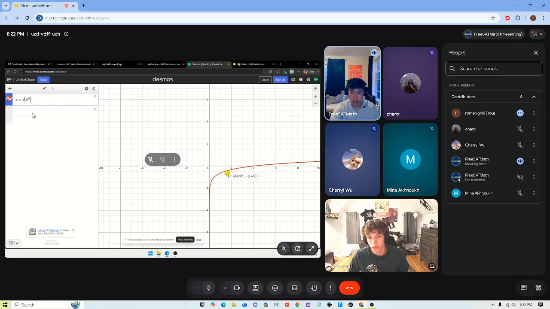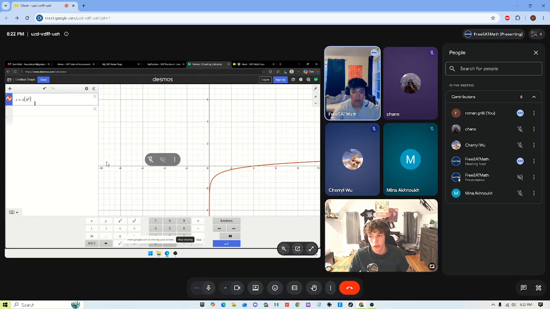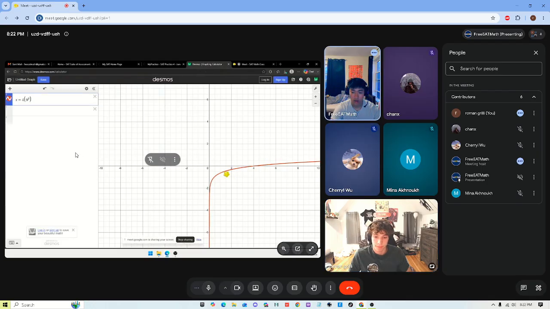Then we go to each x value, so we go to 1, and then we go to 2, and see if it increases by 4 each time.